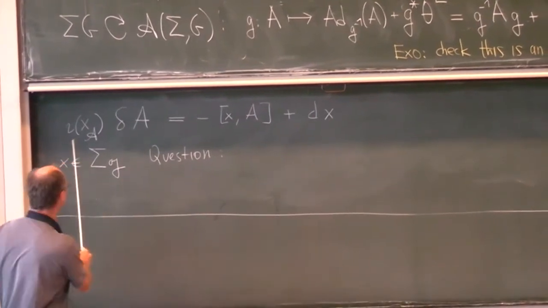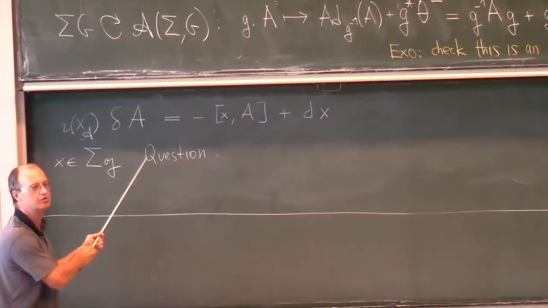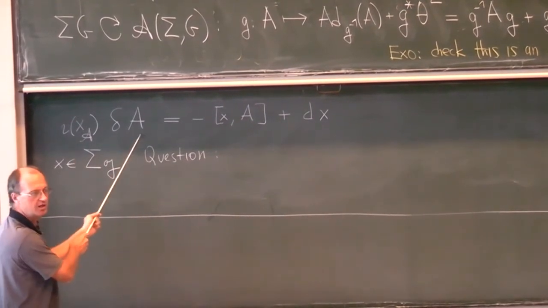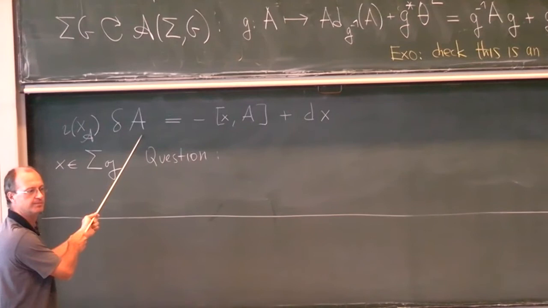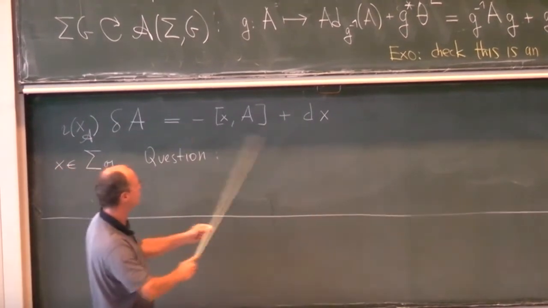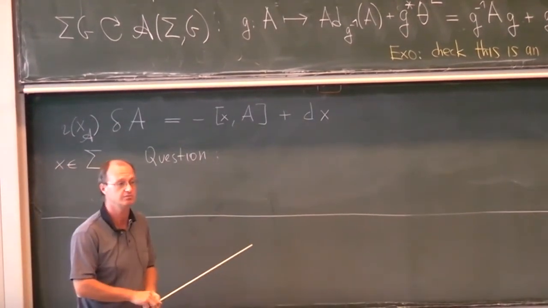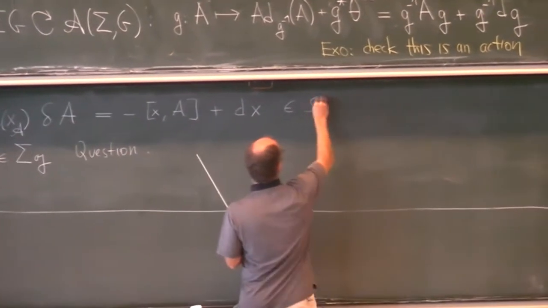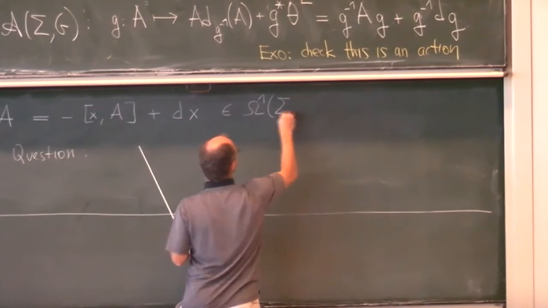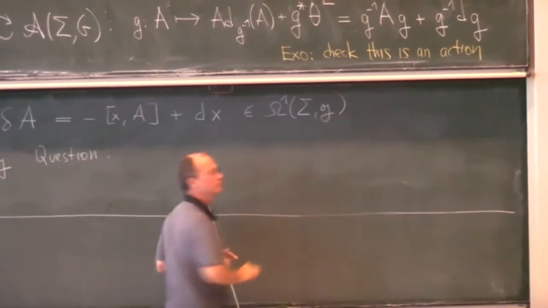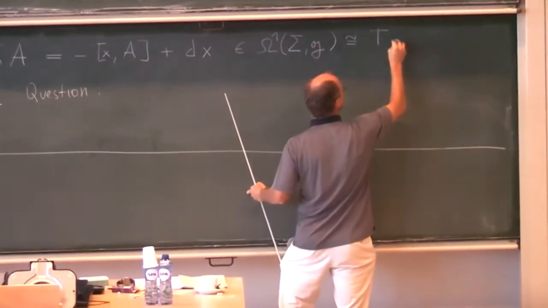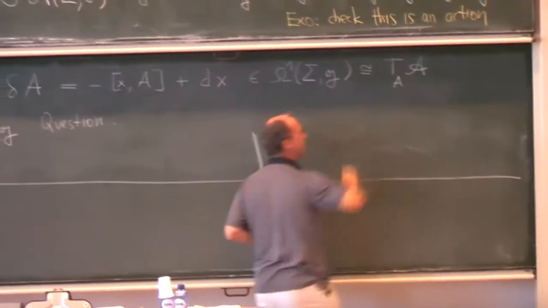I basically want to know how this vector field looks. I'm writing for you this vector field at the point capital A. The value of this vector field is a tangent vector, you can say. This is an element of omega 1 of sigma g, which is identified with the tangent space to A at A.